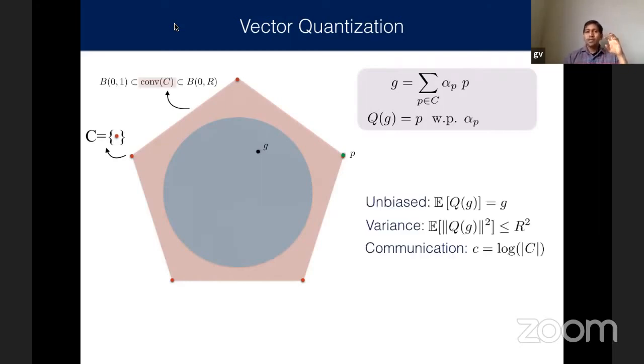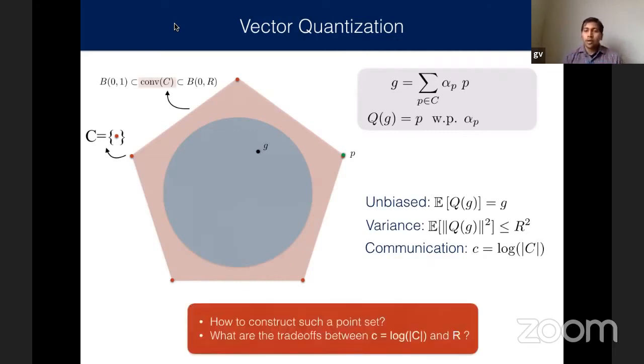Okay, so just by definition, this itself gives you an unbiased estimate. The variance here is dominated by the circumradius of this convex hull, which is the maximum squared norm of any of the points within the point set. And to communicate one of these vertices, all you have to do is send the index of this vertex with respect to some fixed ordering. So now the communication is just log of the size of this point set, the number of points within the point set.